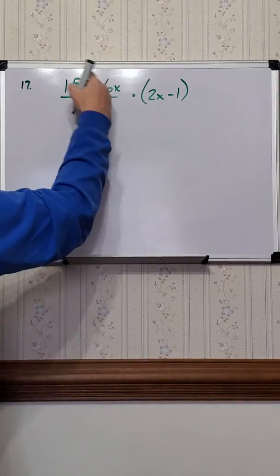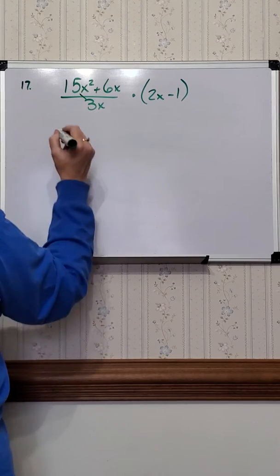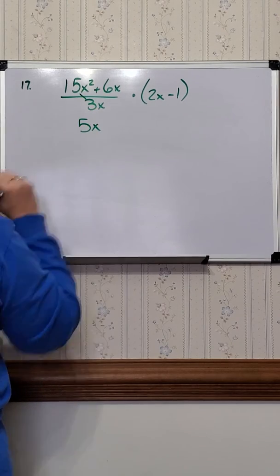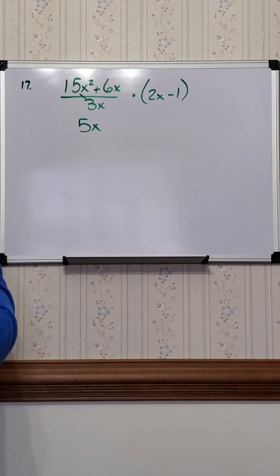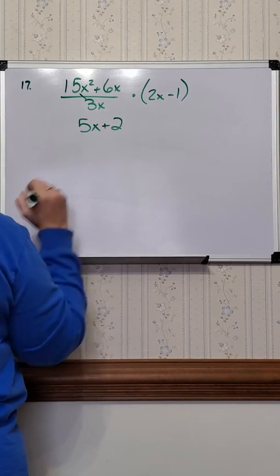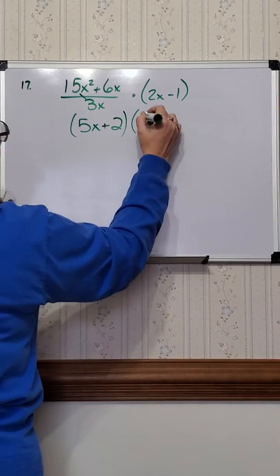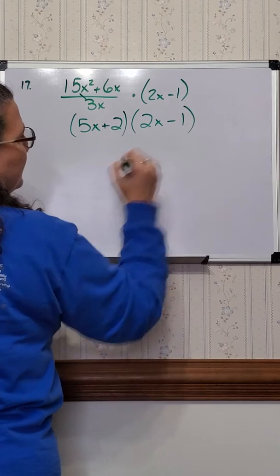So I'm going to go ahead and simplify this right here. This is going to give me 5x. 6x divided by 3 is going to give me plus 2. Now that I have that, I have to multiply it by this 2x minus 1.